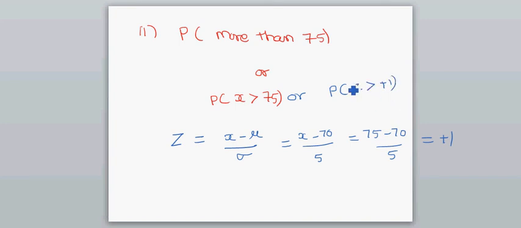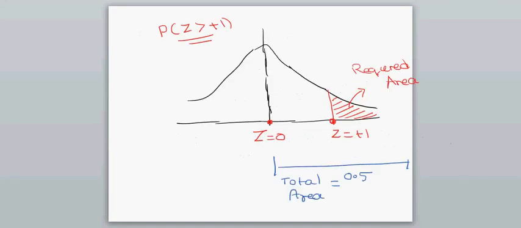Now how do you calculate the probability Z greater than plus 1? By using the normal distribution table and the area under the normal curve. Let me draw the normal curve first. Z is equal to plus 1 will be on the right side of the Z is equal to 0 line.